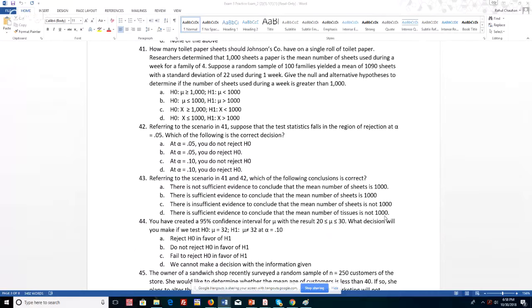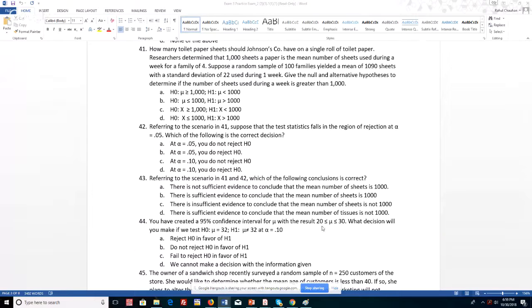Okay, 44, you've created a 95% confidence interval for the mean with the result of 20 to 30. What decision will you make if we test that the mean is equal to 32 as a null hypothesis, and that the alternative is that the mean is not equal to 32 at an alpha level of 0.1? Well, we have a 95% confidence interval.